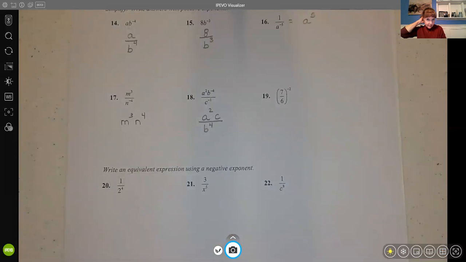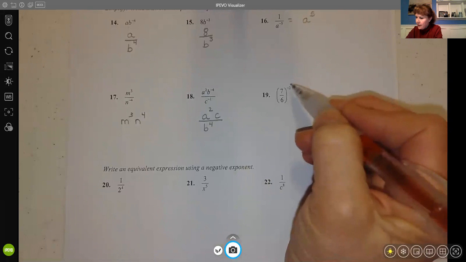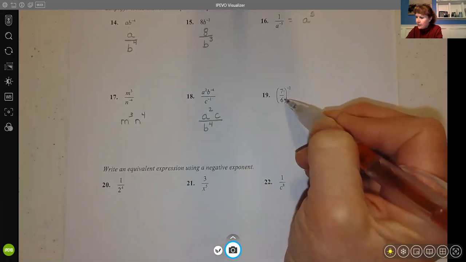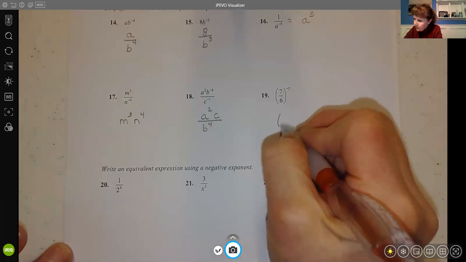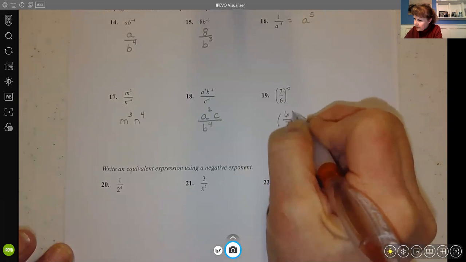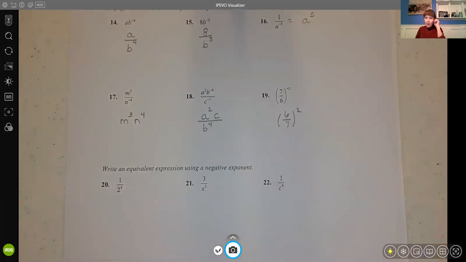Number 19, you've got that negative and they're in parentheses. So the negative is going to flip. It takes the reciprocal of the 7/6. So that negative means the 7 goes underneath and the 6 also changes. Everything changes position in the parentheses. So that gives you 6/7. I did the job of the negative, so it's gone.